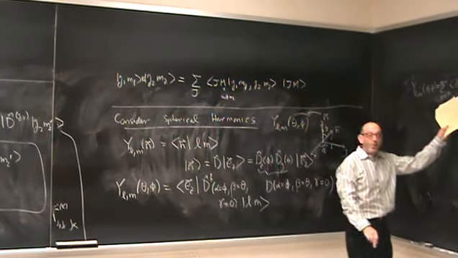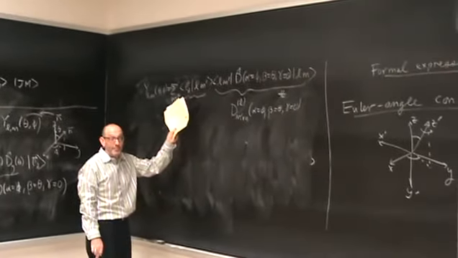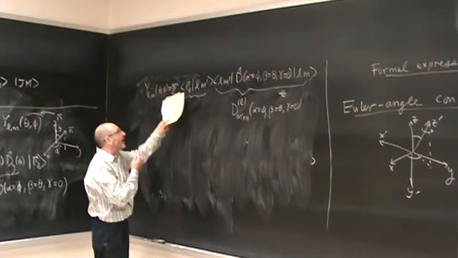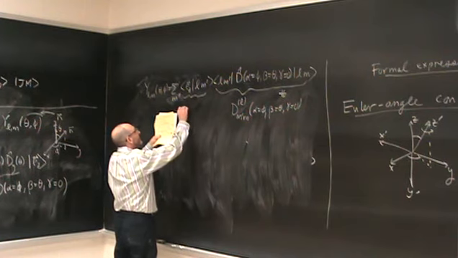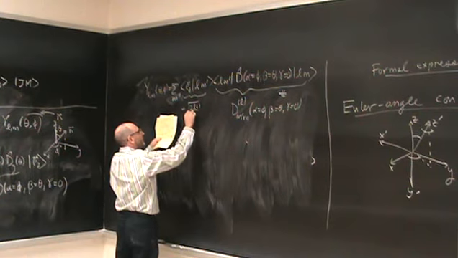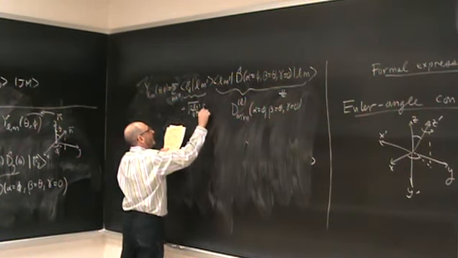So this is a Y_LM along the z-axis, which are the Legendre polynomials. This thing is the Legendre polynomial at theta equals 0, and it turns out that this thing is equal to the square root of 2L plus 1 over 4 pi.